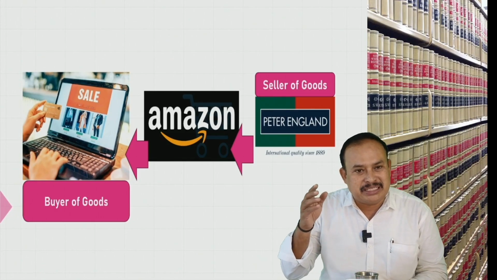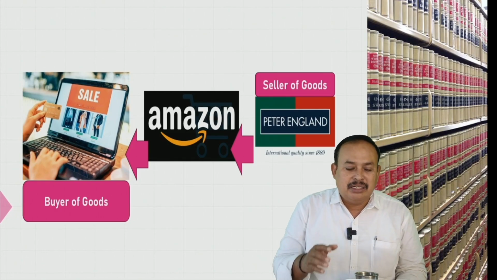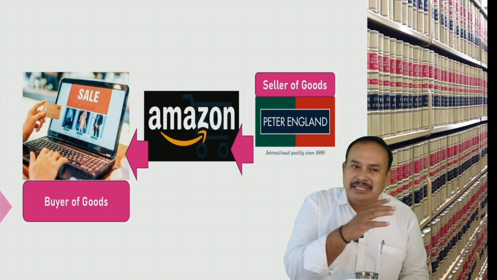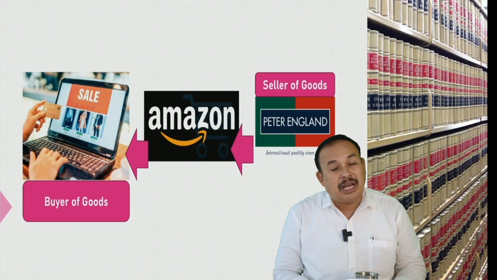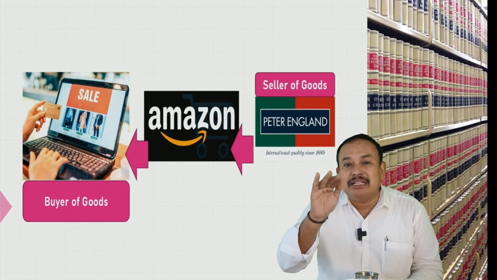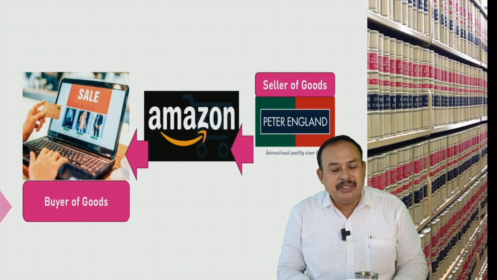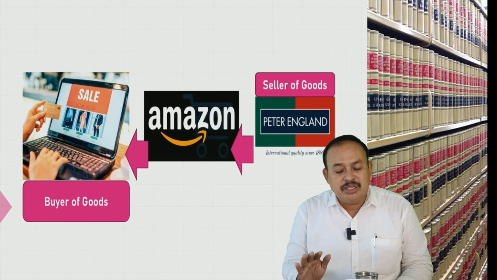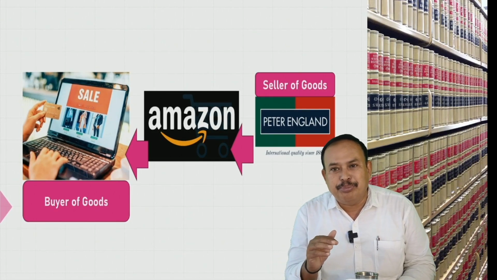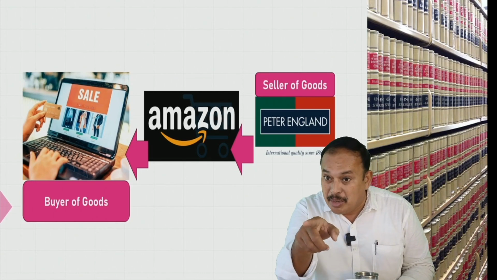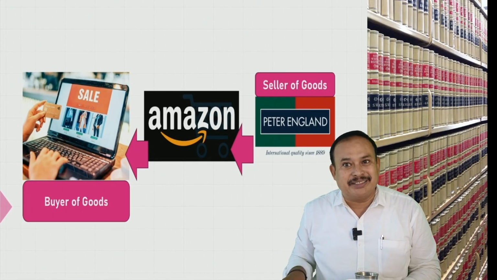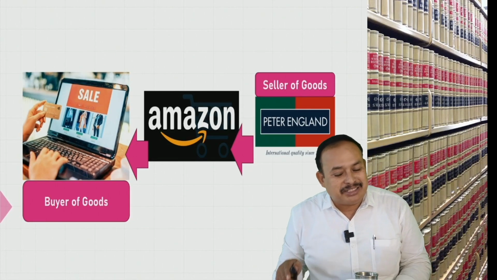The supplier of the goods is Peter England, the recipient of the goods is the buyer, and the mediator here is Amazon. Now, I am not talking about the e-commerce operator concept here. In the given case, who supplies the goods? Peter England. Since he is supplying the goods through an e-commerce operator, for the supplier, Peter England, registration is mandatory.